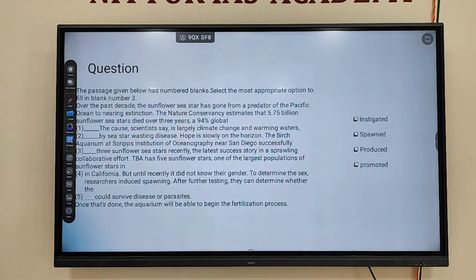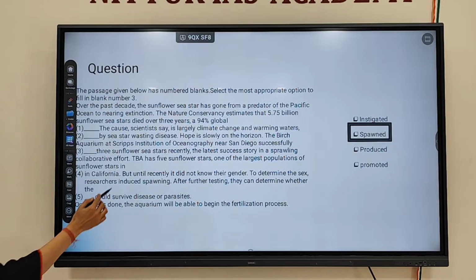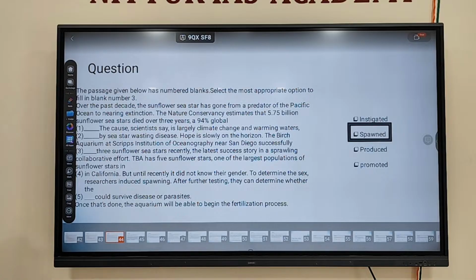What do we think? Successfully? We've already read this paragraph. Spawned, right? We read this paragraph in the previous one. What is the meaning of that? See, if we don't even know the meaning, now here's the trick.